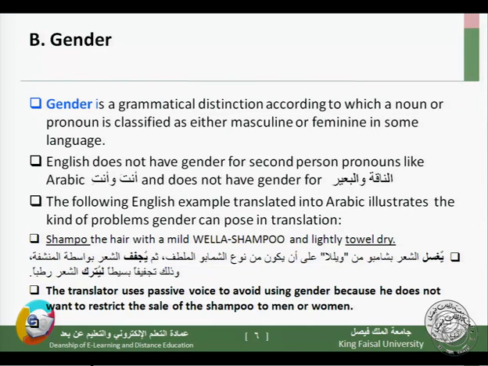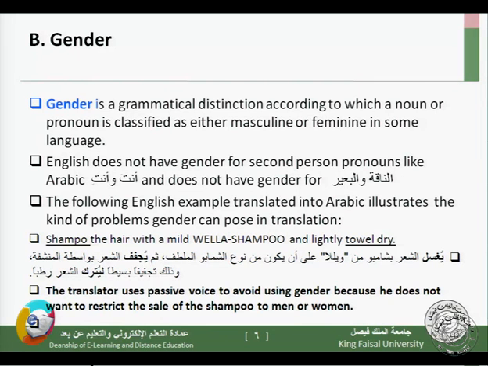What did you notice? You notice that even in Arabic he avoided using the gender. Why? Because he doesn't want to exclude men from buying this shampoo. Because if he translated اغسلي شعرك or اغسل شعرك, you can tell right away that this shampoo is mainly addressed to men, or mainly addressed to women.